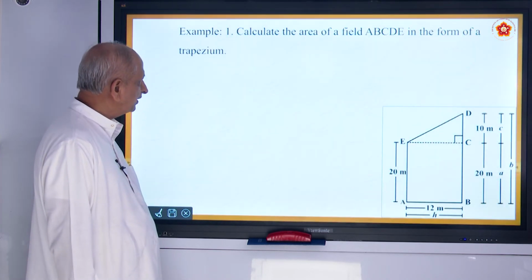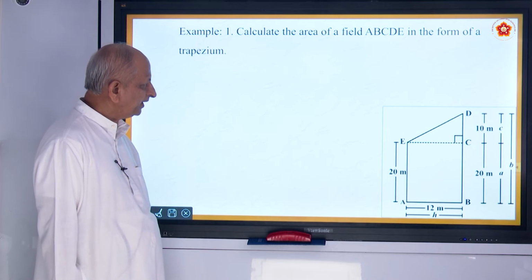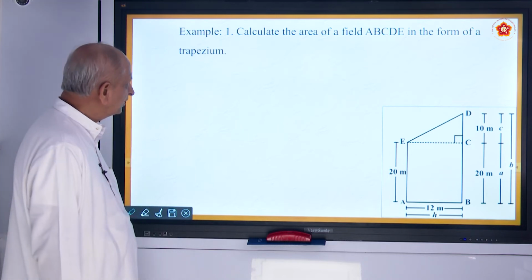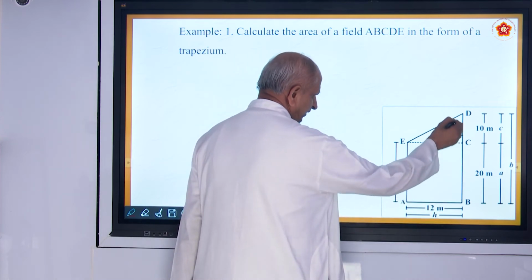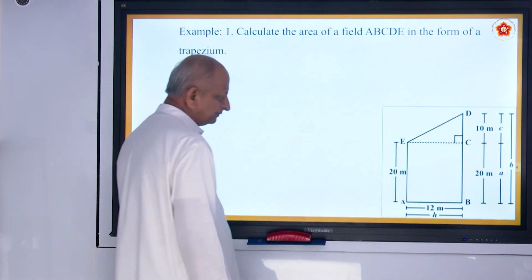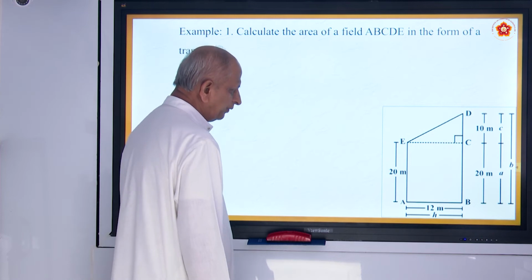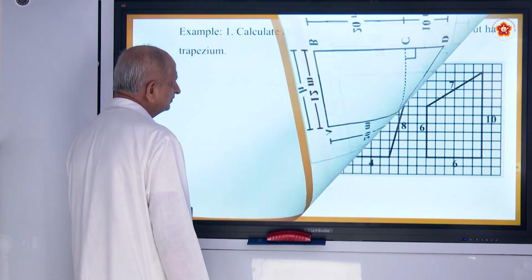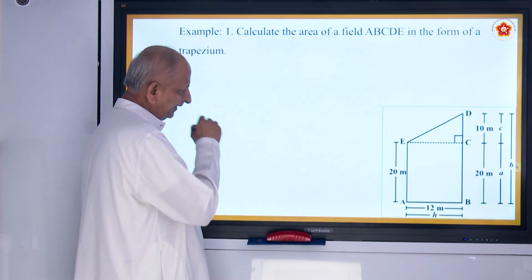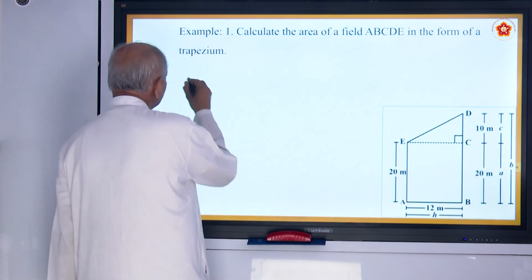So, first question, calculate the area of a field ABCDE in the form of a trapezium. A, B, C, D, E, area of the field. So, in which form is it? It is in the form of trapezium, correct?